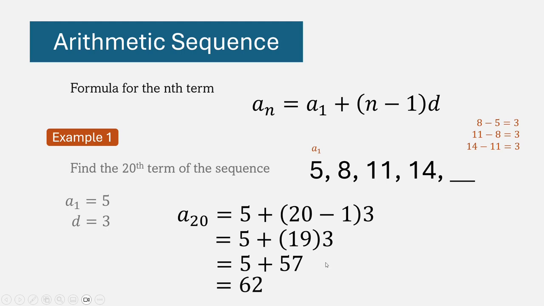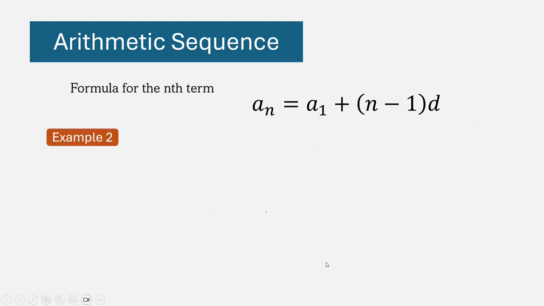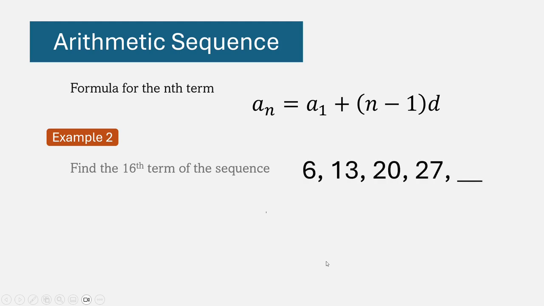Okay, simple as that. We proceed to example number 2. Find the 16th term of the sequence. We will look for the 16th term. Doing the same, we know that the first term is 6, so a1 is equal to 6.